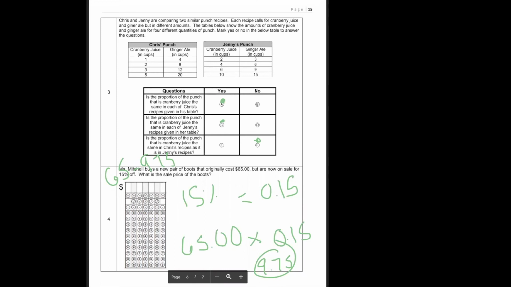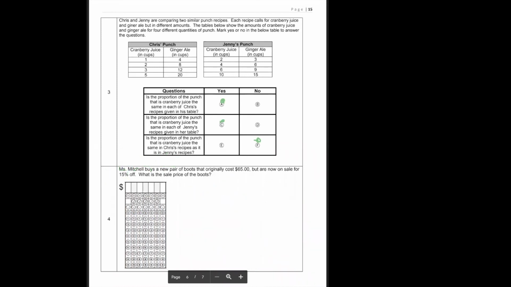But there's another way to do it that I want to show you guys just so you understand it too. There's actually 2 more ways to do it. In order to get the answer directly, you can recognize that if something is 15% off, you're only paying 85% of the cost. So what you can also do is 65 times 0.85, because you're only paying 85% of the cost.